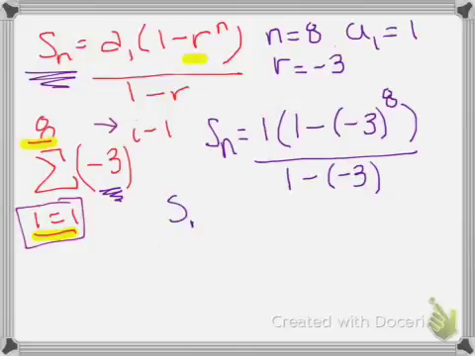So we do our exponents within the parentheses. -3 to the 8th power. When you're doing this in your calculator, make sure you put the -3 in parentheses. It is essentially -3 times itself 8 times.